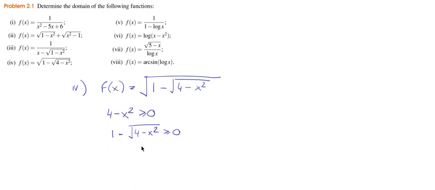These two things have to be fulfilled at the same time. So the first one means that x squared has to be smaller than or equal to 4, and this means that x belongs to the interval -2 to 2, right?